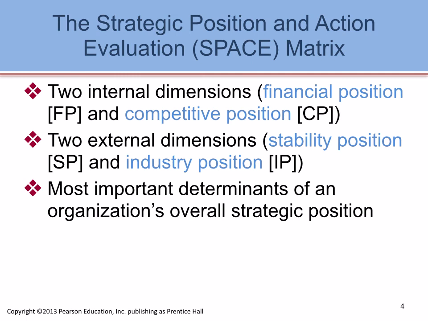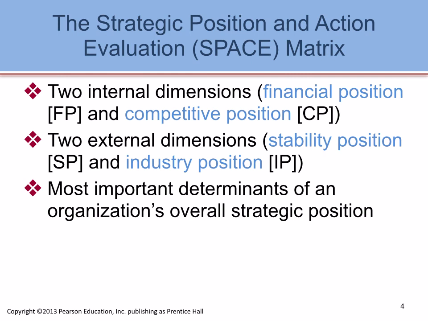Let's look at the matrix. In this 4-quadrant framework, there are two internal dimensions, which are the financial position and the competitive position. In addition, we have two external dimensions, which are the stability position and the industry position.